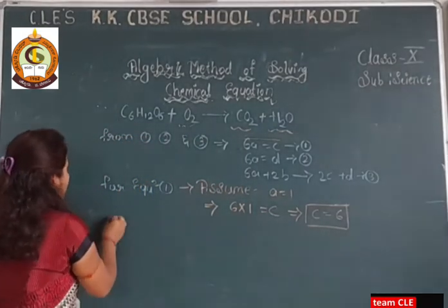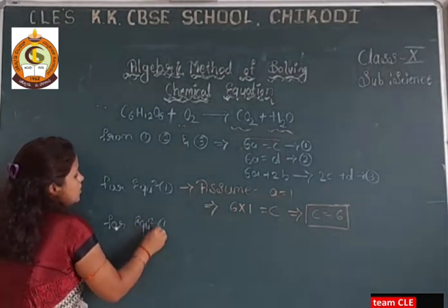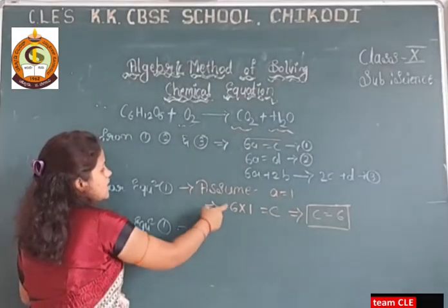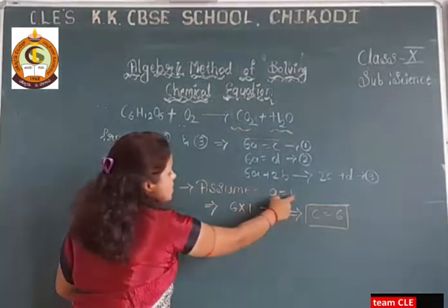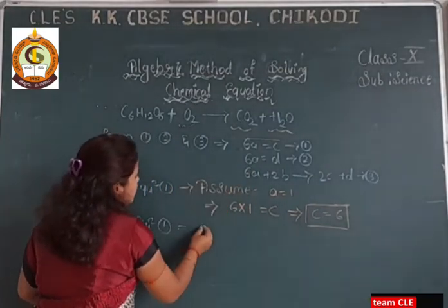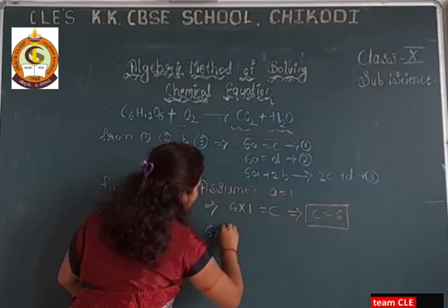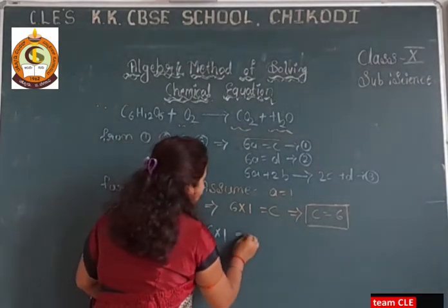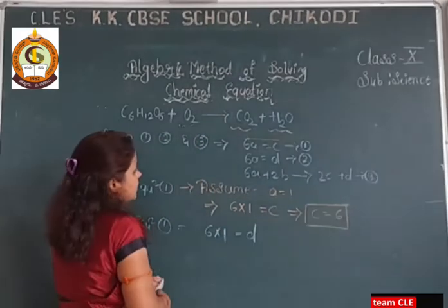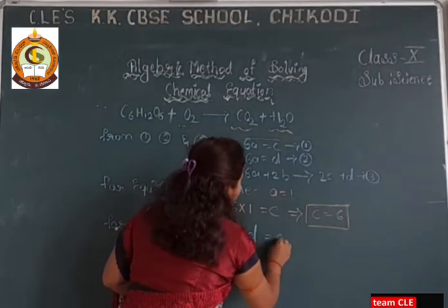Now for equation 2, we already got the A value as 1 and the C value as 6. So here 6 into 1 is equal to D. What is the value of D?